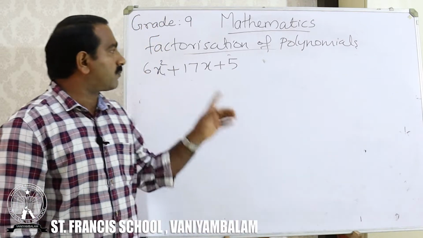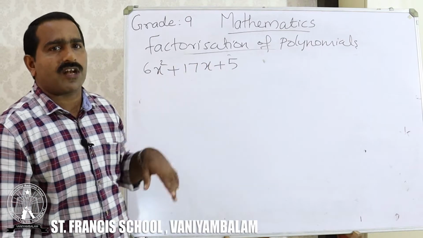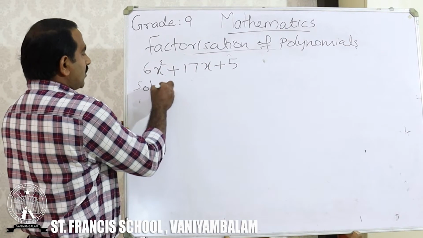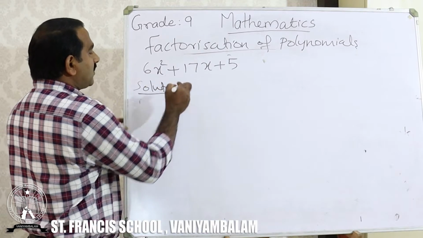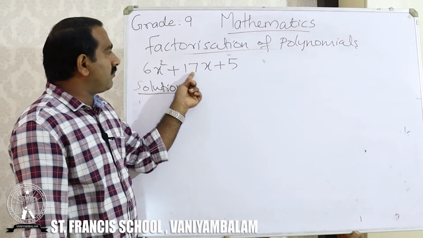So first one is by splitting the middle term. Let us see its solution. We are going to split the middle term. What is the middle term here? We can see that middle term is 17x.